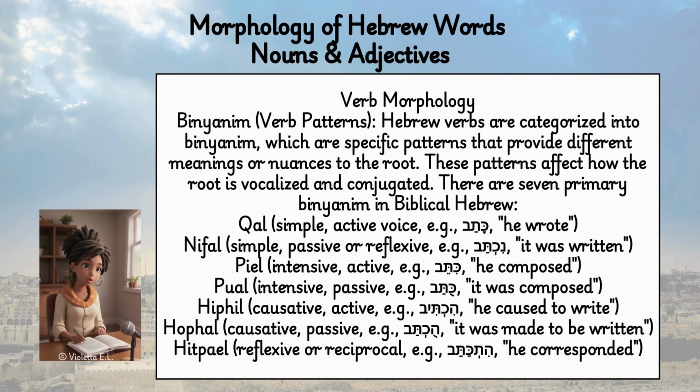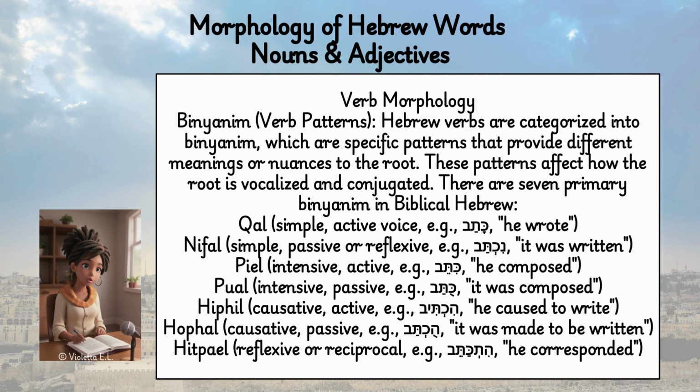You have Kal, simple active voice, e.g. katav, he wrote. Nifal, simple passive or reflexive, e.g. niktav, it was written. Piel, intensive active, e.g. kitev, he composed.